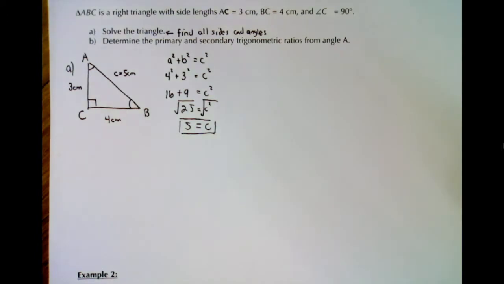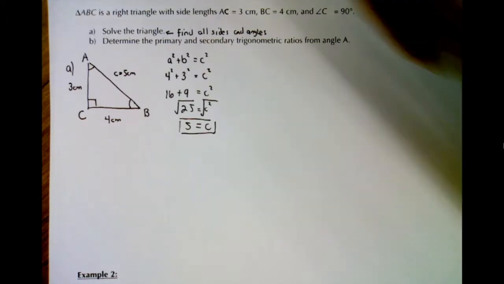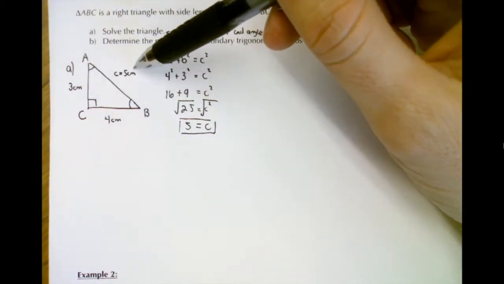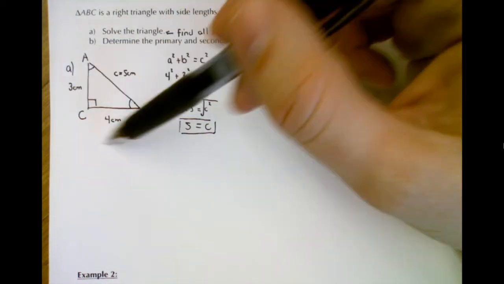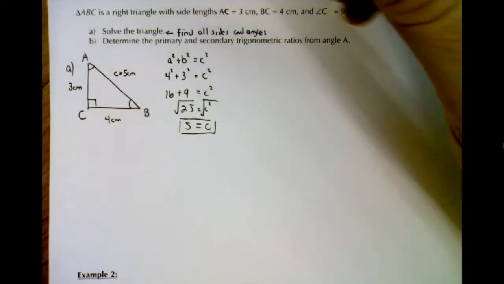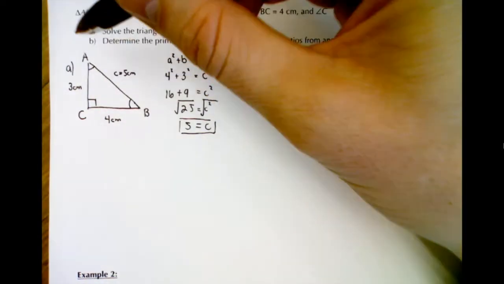And I add that to my diagram because now that's a piece of information that we can use to solve for other pieces of information, like angle A and angle B. Let's try to find angle A. Let's start with A. We were given 4 and 3 as our sides, and we just found 5, side C. So now we can use any of these sides. I'm going to use the 2 I was given in the question. So from angle A, I'm going to label my triangle.